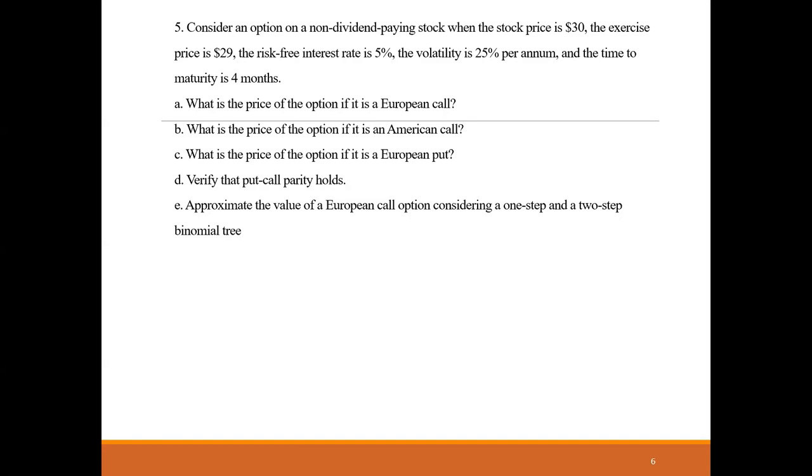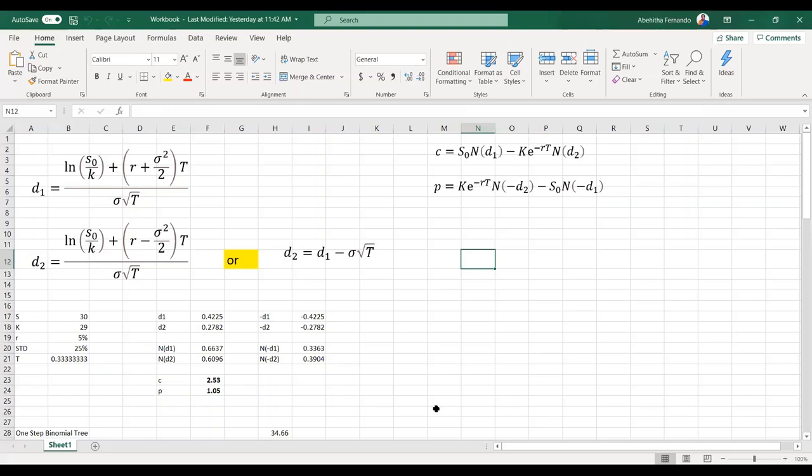So next, look at part C. What is the price of the European put? This is the formula that we use to calculate the European put price. Here we already have D1 and we have already calculated D2.